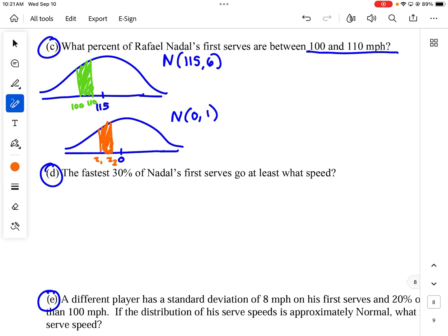We have 2 Z-scores we need to find. So Z1, we've got to use the formula for Z. It is the value minus the mean over standard deviation. So our value is 100 minus the mean over standard deviation.